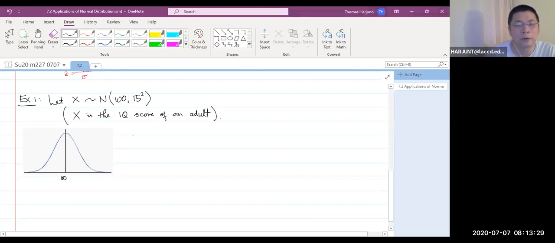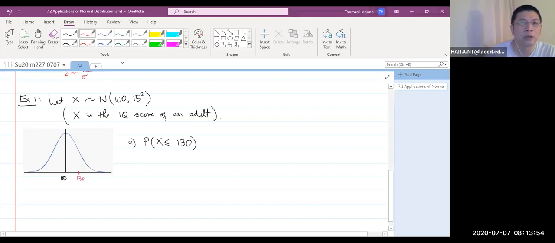Suppose, for example, part A, find the probability that X, the IQ score of a randomly selected person, is less than 130. So we have 130 here.